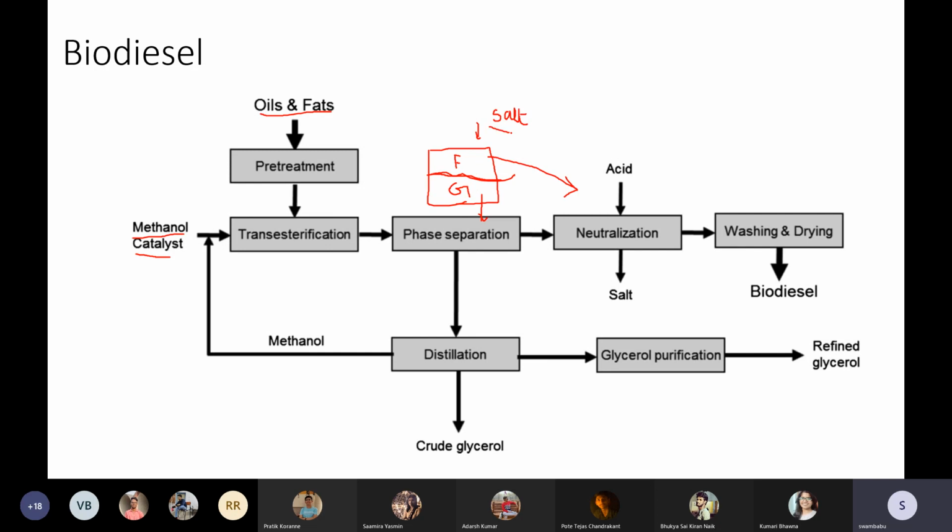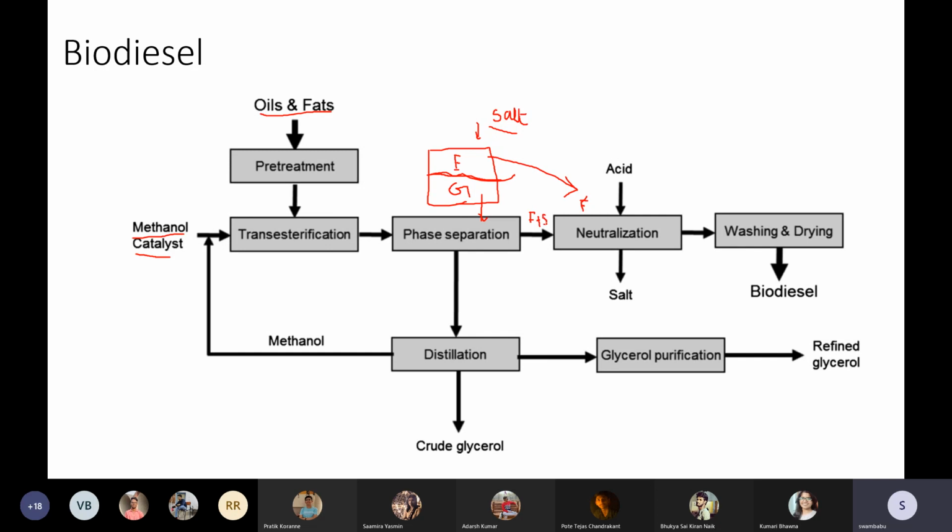If you add the salt, the emulsion will be broken down and there will be a clear layer between the fatty esters and the glycerol. So we get the fatty esters, and some salts will be there.